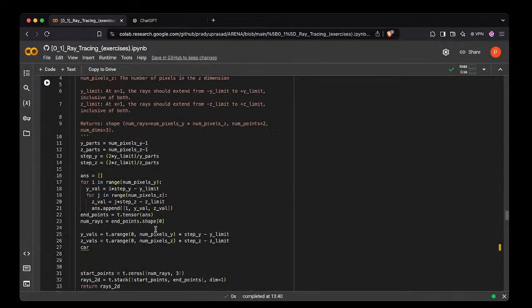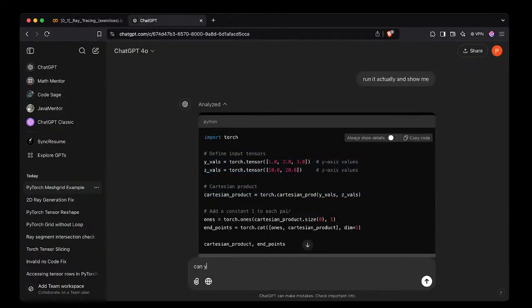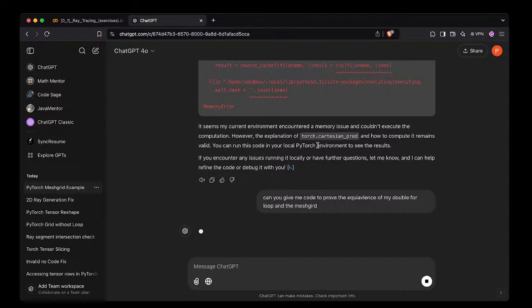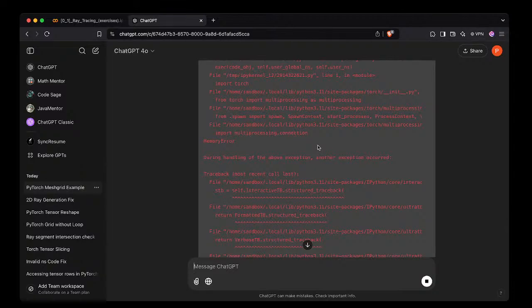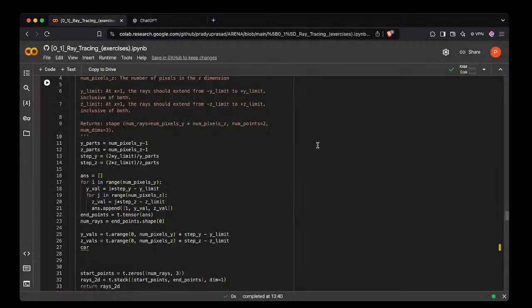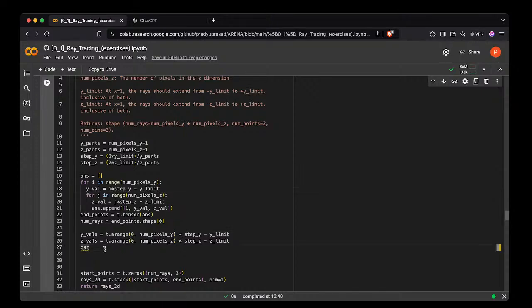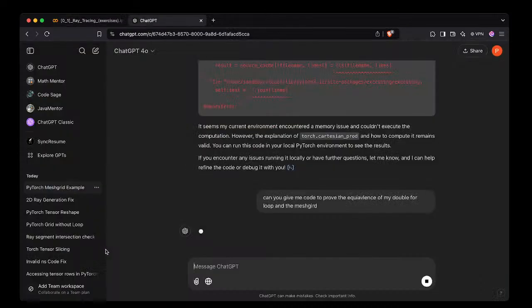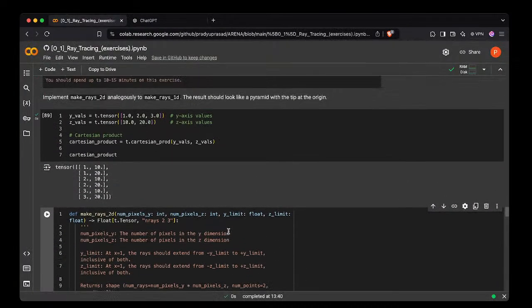Actually, I'm not looking for that. I'm looking for the mesh grid, and I think. Actually, I don't want Cartesian, but I want. Yeah, that's kind of what I want, though.